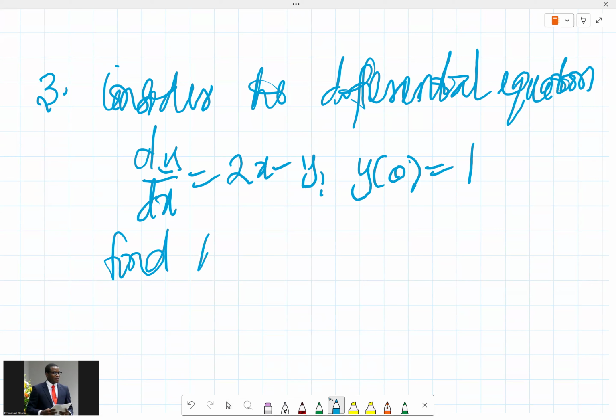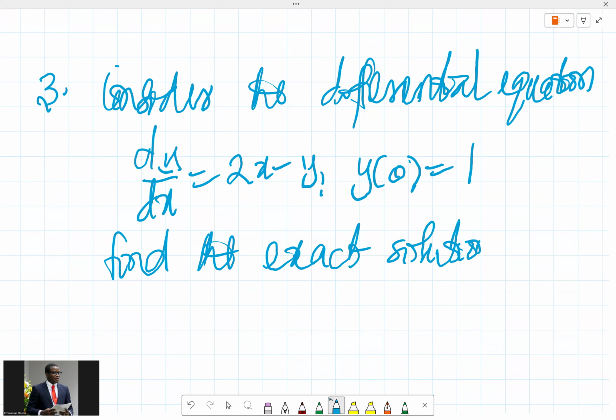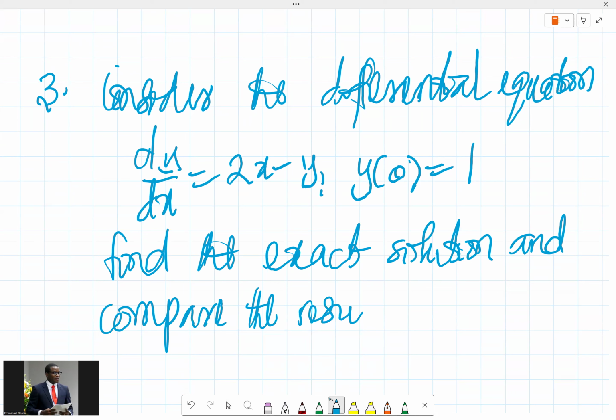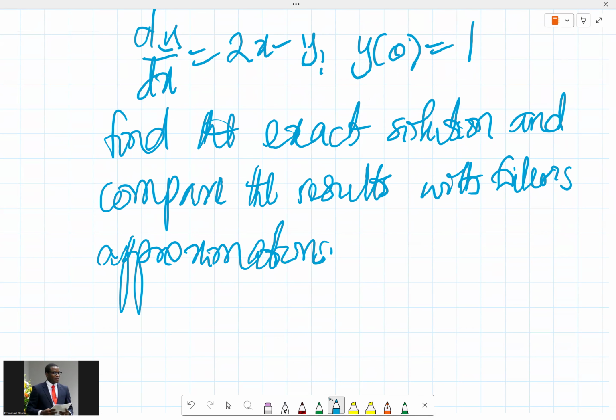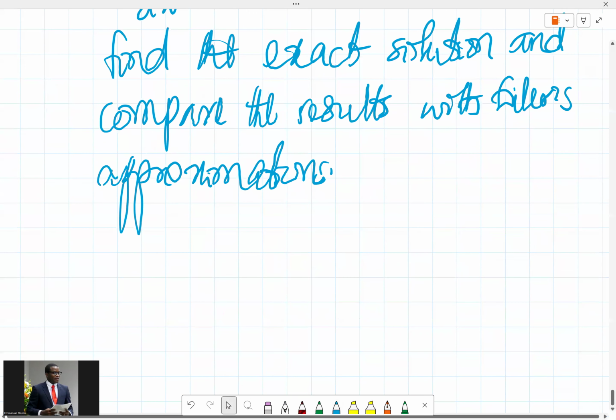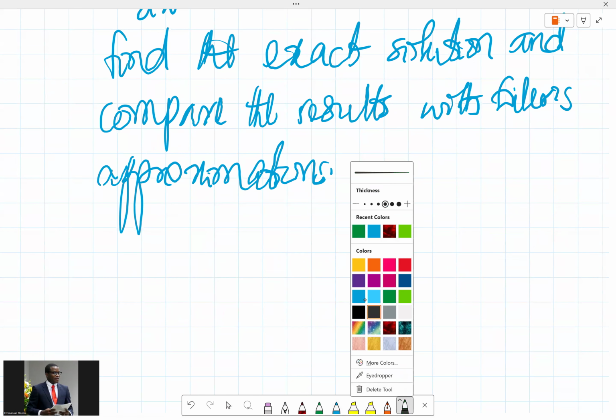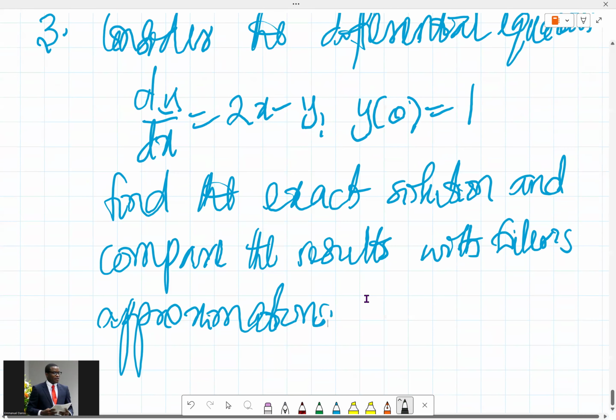Find the exact solution and compare the results with Euler's approximations. I guess this is the first time I'm giving this many assignments. That's question 3 right there.